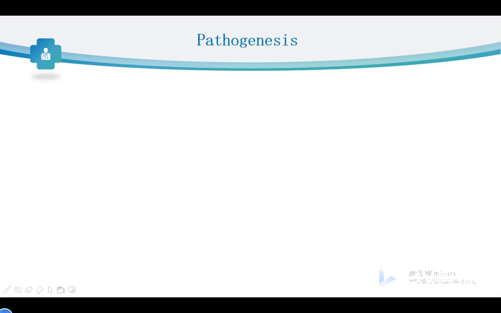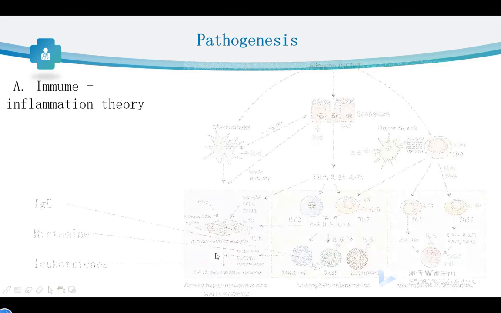About the pathogenesis of the asthma, there are some theories. The most popular one is the immune inflammation theory. Let's look at this picture.